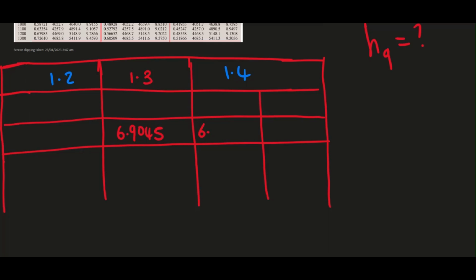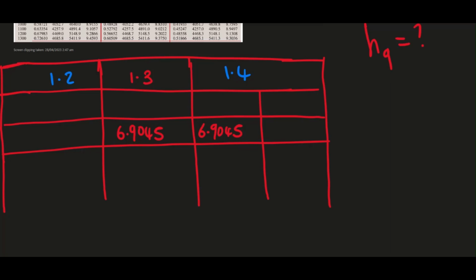I'll go to the region of 1.4 megapascal at 6.9045, and I will read off my enthalpy value that corresponds with 6.9045, if it's there, of course. If it's not there, then I'll have to interpolate.